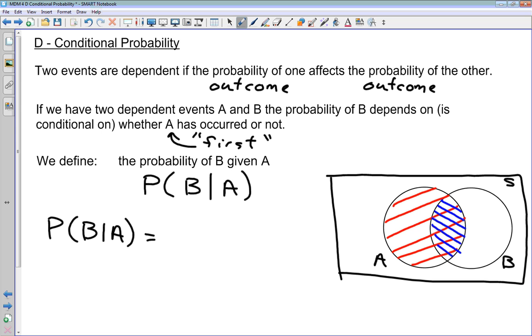Our total number of things that can occur in this case is limited by the fact that A has to occur, which is the probability of A. Once A has had to occur, the only way that B can occur is in this little blue region here in the middle. We know from our discussion of Venn diagrams how to express that little blue region. That is the intersection of A and B. So that would be the probability of A intersection B.